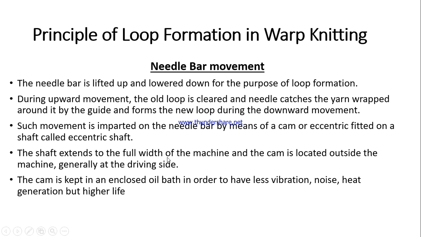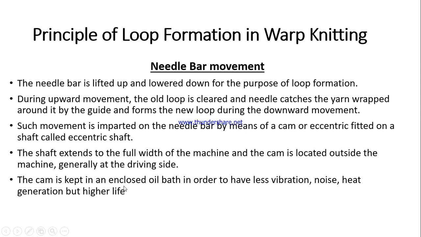The shaft extends to the full width of the machine, and the cam is located outside the machine, generally at the driving side. On one side of the machine there is a motor which drives the machine. From the driving side, the drive is given to the eccentric shaft, which extends to the full width of the machine.